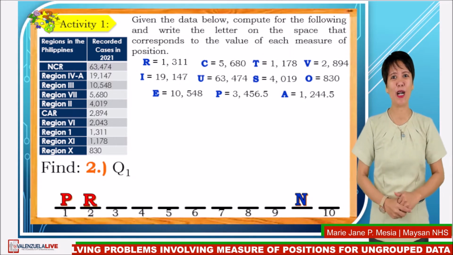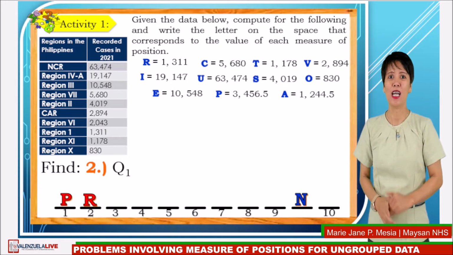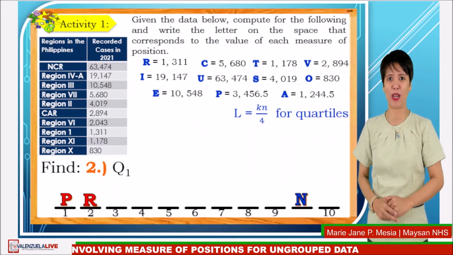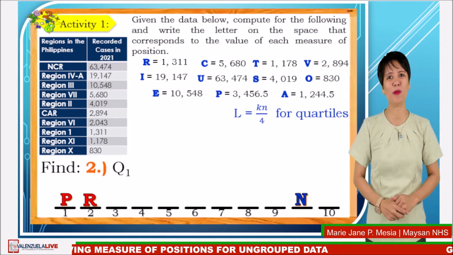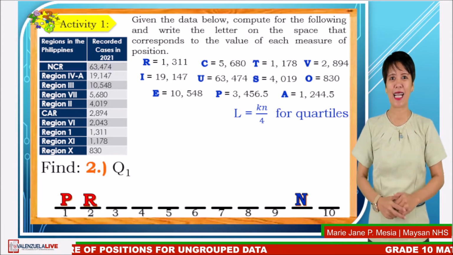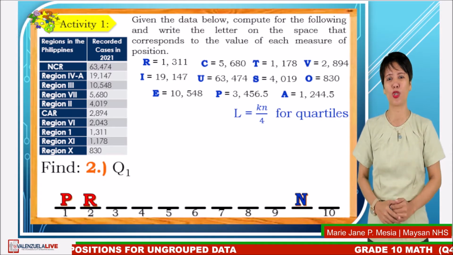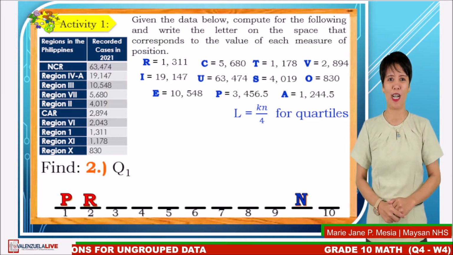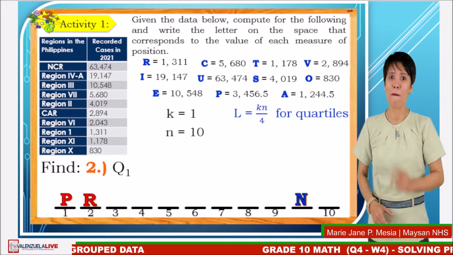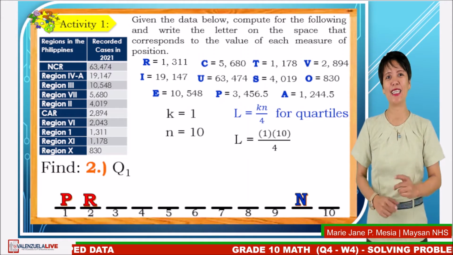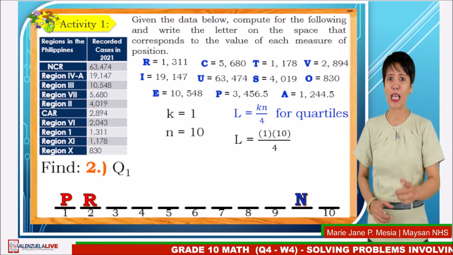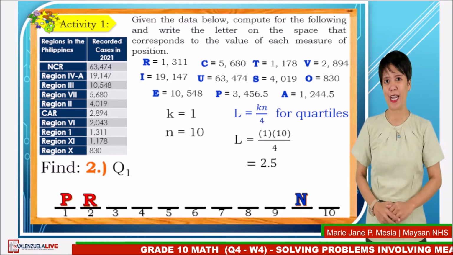To find the lower quartile or Q sub 1, use the locator formula L is equal to Kn divided by 4. The denominator to be used in the locator formula is 4, since quartiles divide the whole distribution into 4 equal parts, where K is equal to 1, N is equal to 10. By substitution, L is equal to 1 times 10 divided by 4 is equal to 2.5.